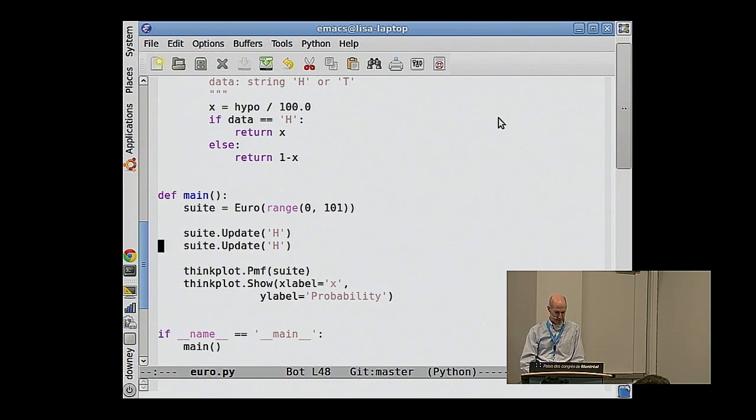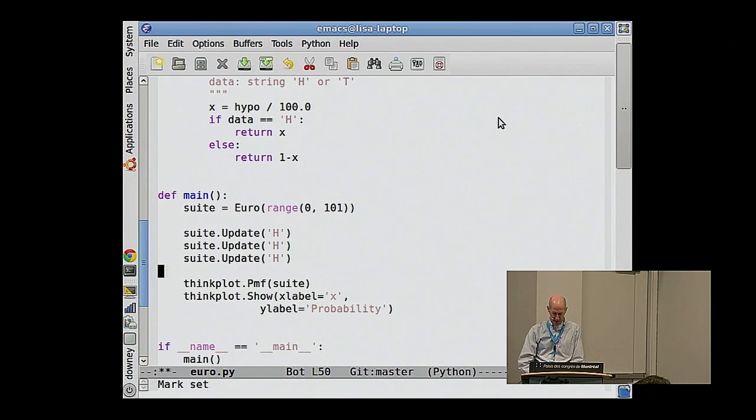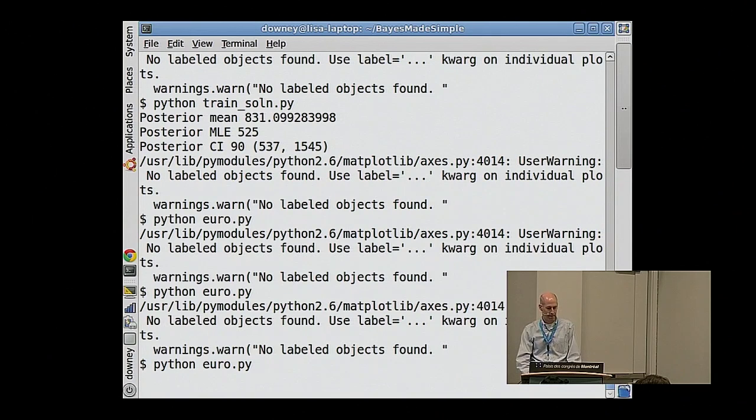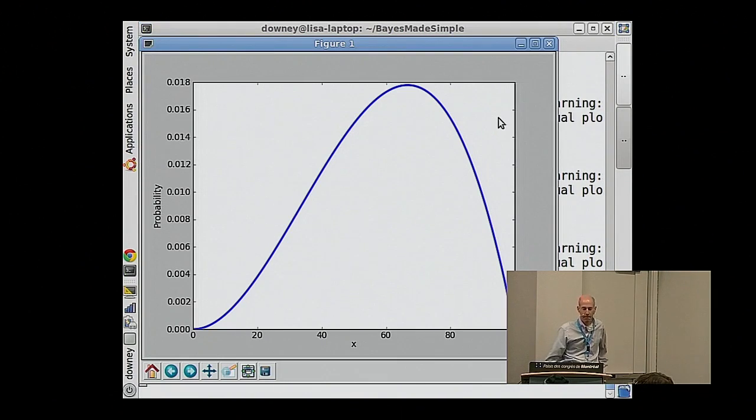What if you flip it again or spin it again and the next one is tails? So what effect is that going to have on the prior? Okay. So the posterior probability that x is equal to 100 has now become 0.